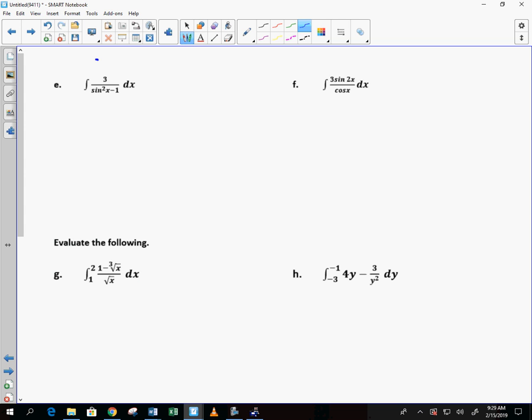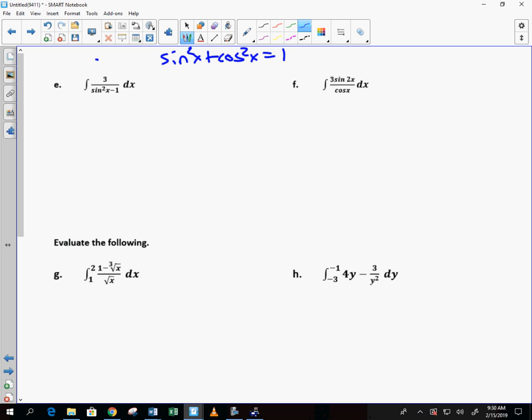What about E? Okay, Chris sees that there's a trig identity. What's the capital of the United States of America? And therefore, sine squared plus cosine squared is?